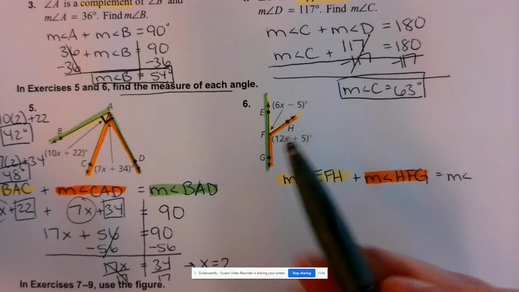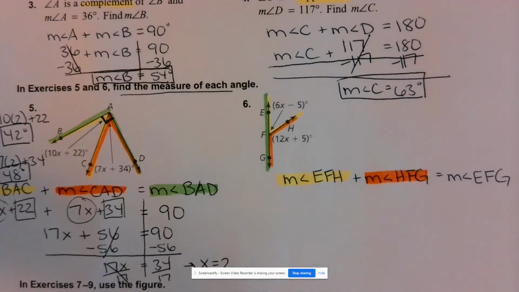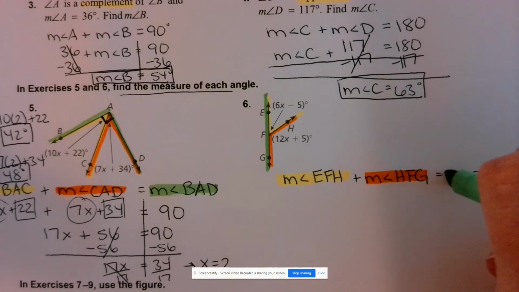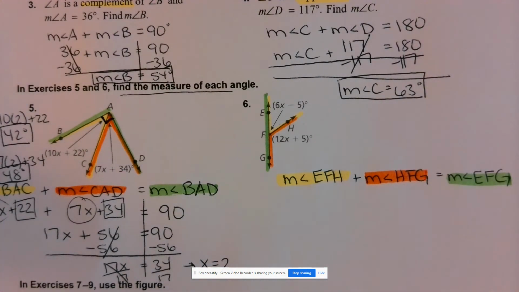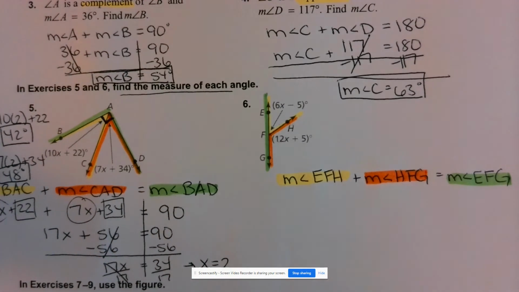You could call this angle EFG. You can see from the picture that the yellow angle and the orange angle, they're a linear pair. Together they make a straight line.